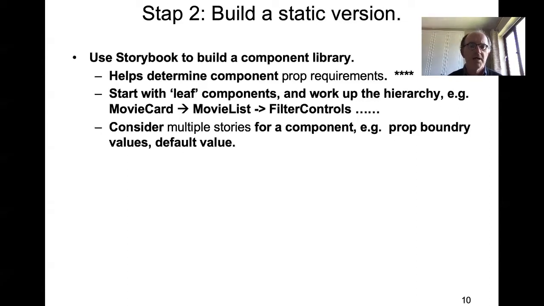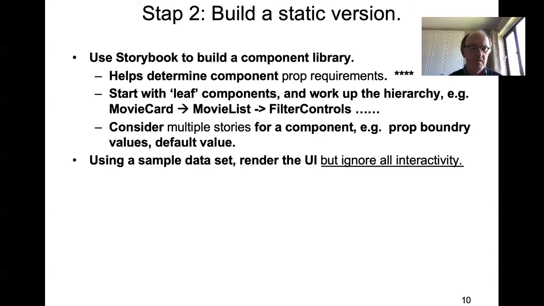So those kind of decisions can be made at this stage as well. Depending on whether you have an actual API to work with, you may not, you don't have to. Just a sample data set would be fine, and you would just hard code the sample data set and feed that into your components.